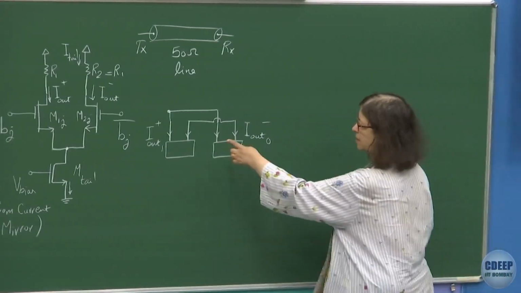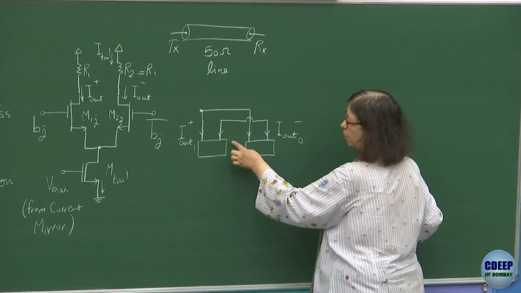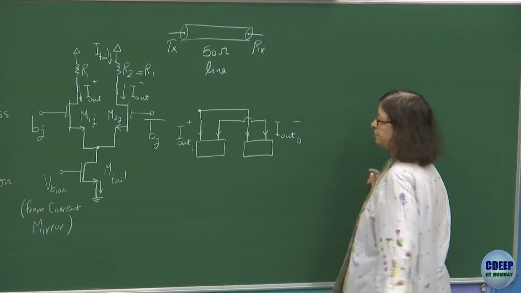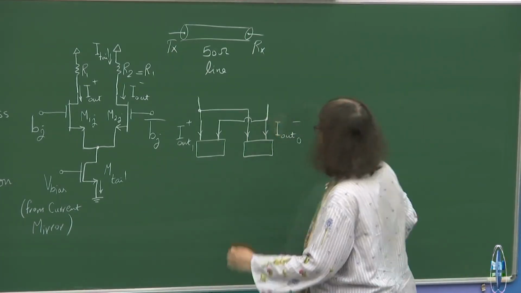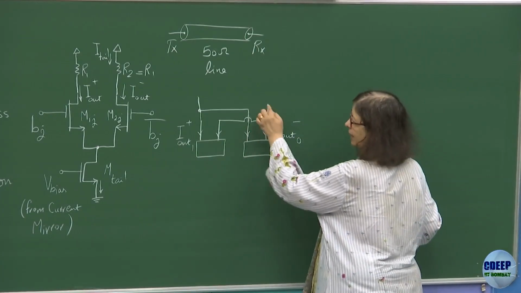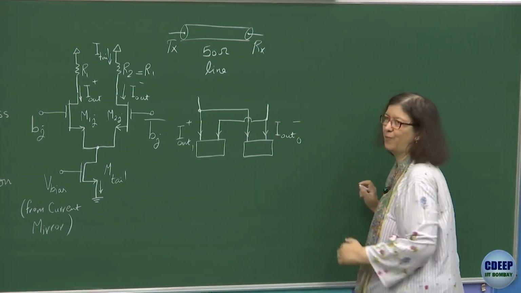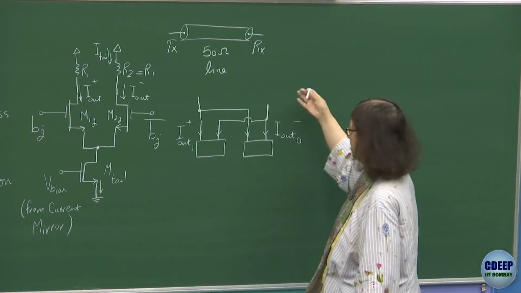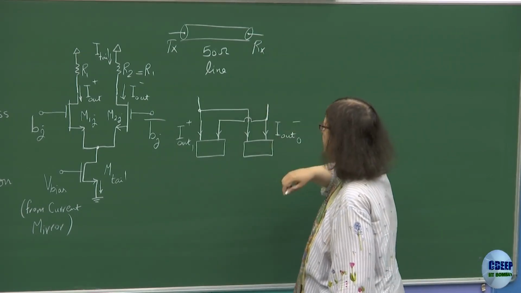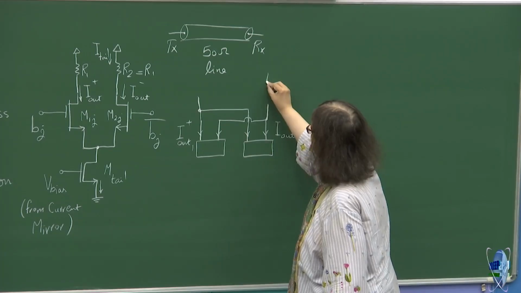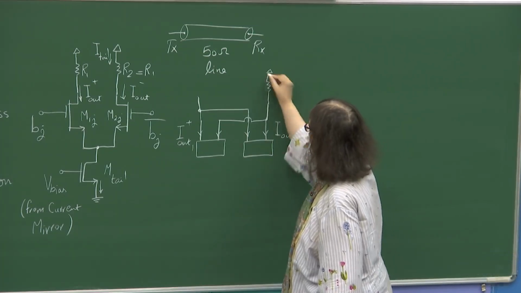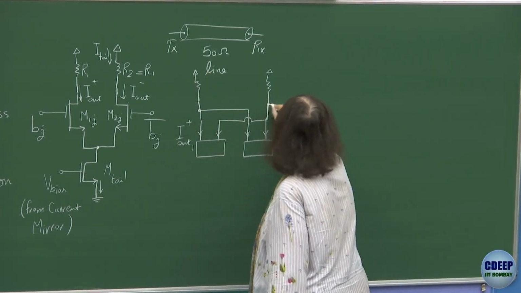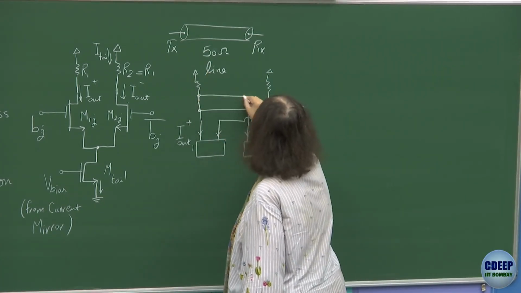You know that this is I out plus 1, I out minus 1, and this is I out plus 0. And then this can be directly given to the line, and each one of them will see 50 ohm. And the supply is on the other side. This is one way. There are other ways as well, on the receiver side. Or it can be connected to a resistor at the local transmitter and then connected to the load, which is over here.